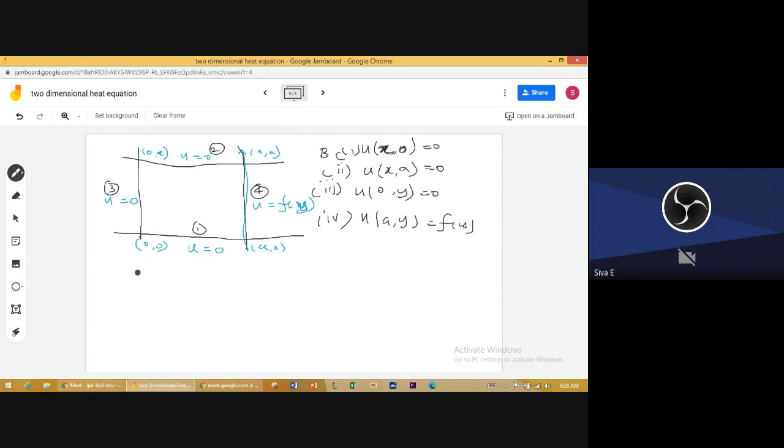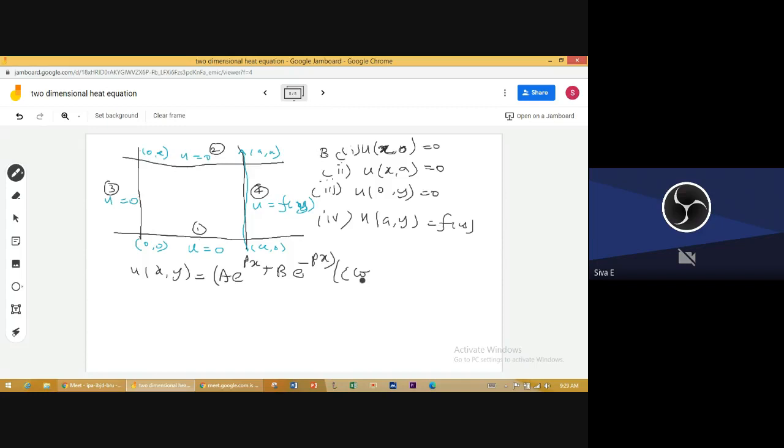Then what is the suitable solution? u of x comma y equal to (a e power py plus b e power minus py)(c, sorry, not y, x. Even I made the mistake, you have to be careful.